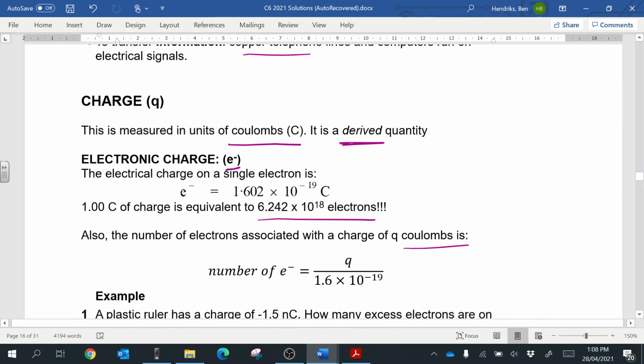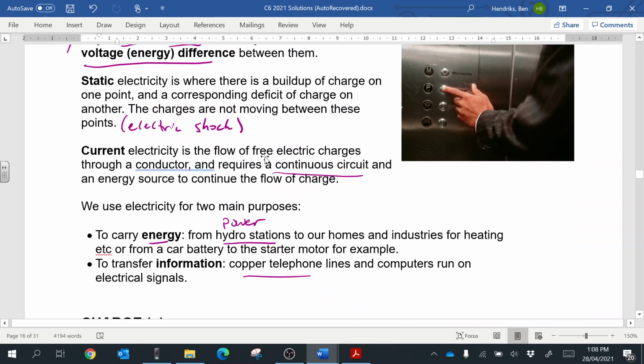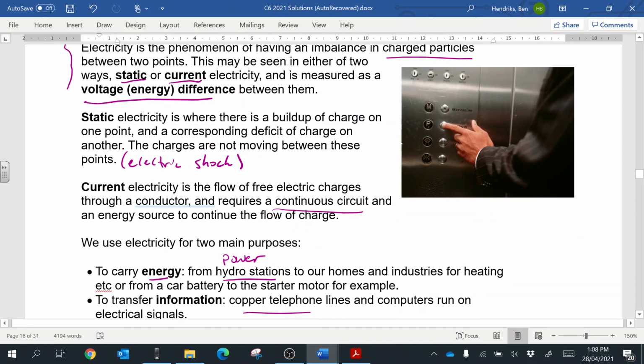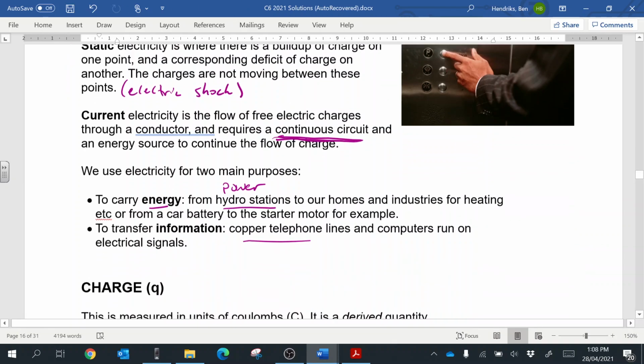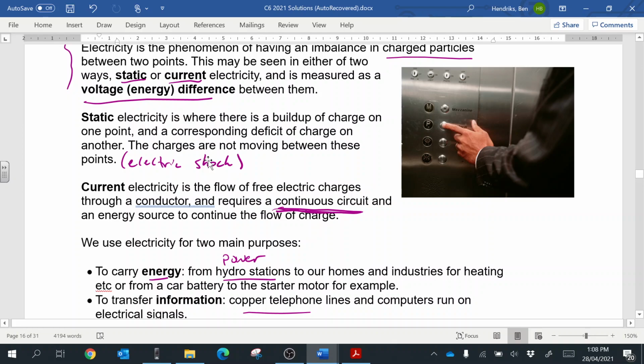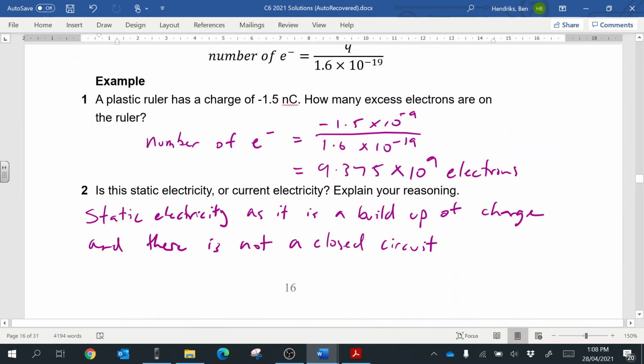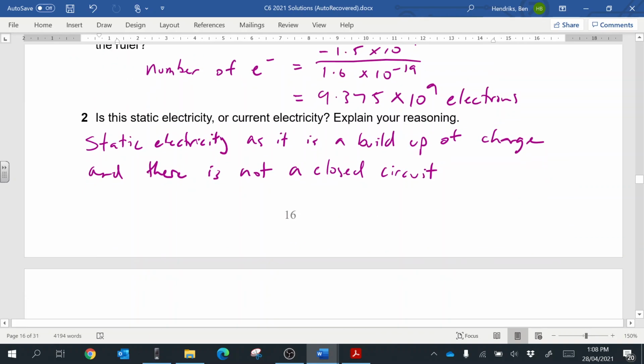Like we said, it needs to be a continuous circuit for current electricity, and static electricity is a build-up of charge. So it's just a build-up of charge on the end of a ruler.